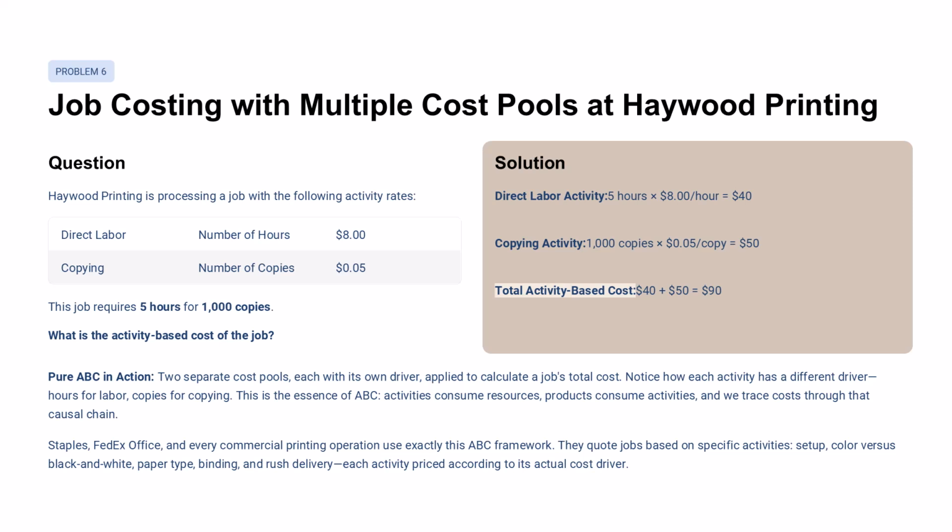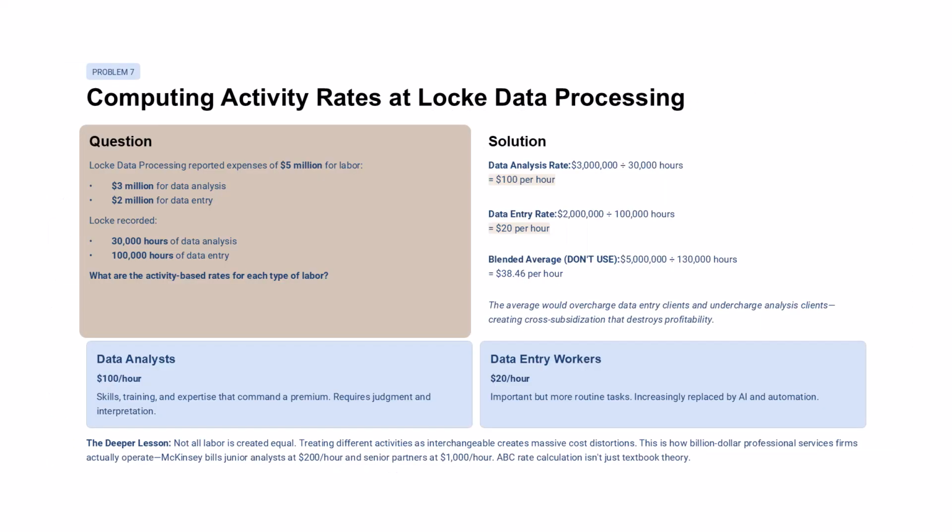Haywood doesn't track electricity per job or supervisor time per copy. They've determined that labor hours and copy count are the meaningful drivers. This simplicity through focus is why ABC became revolutionary in the 1980s when Robin Cooper and Robert Kaplan formalized it. Complexity is the enemy of understanding. ABC creates clarity by tracking what actually matters.